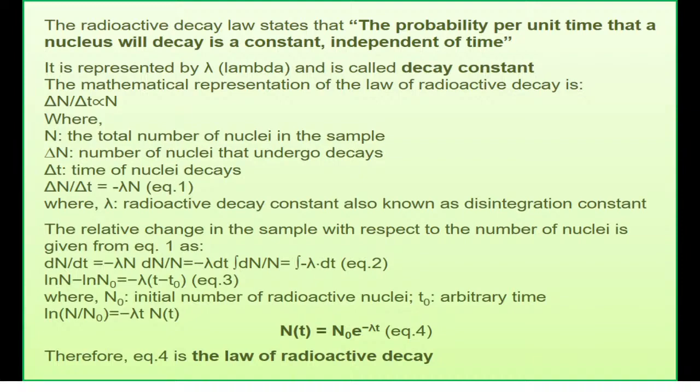So that is why radioactivity is an intrinsic property of nuclei that are not stable. The probability is represented by the decay constant.